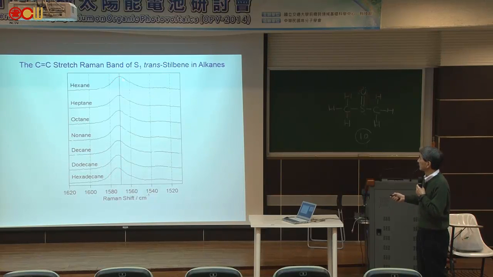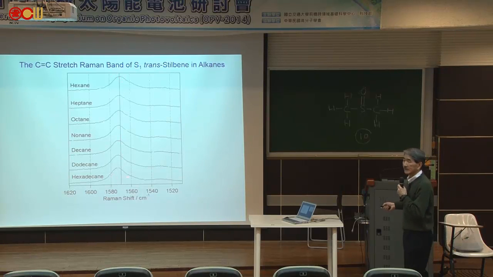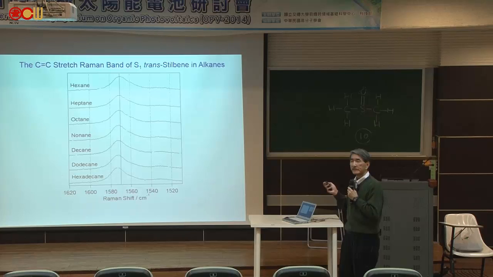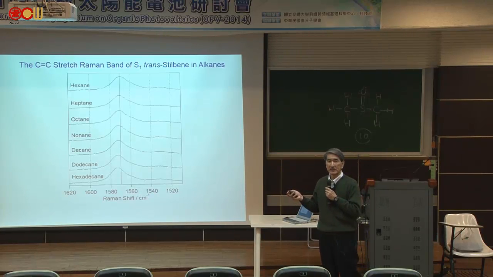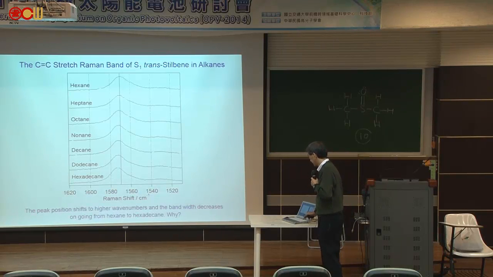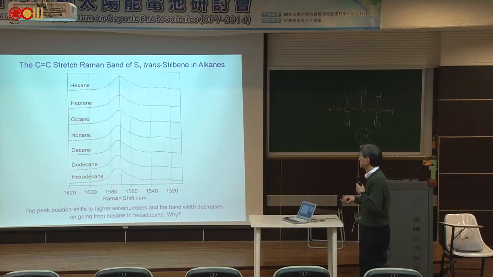Also the bandwidth decreases on going from hexane to hexadecane. It's not very obvious, but the difference is definitely there, though very small. We did many experiments. So the peak position shifts to higher wave numbers and the bandwidth decreases on going from hexane to hexadecane. So we found this. Why? It might be related to the mechanism of the chemical reaction rate depending on the solvent.